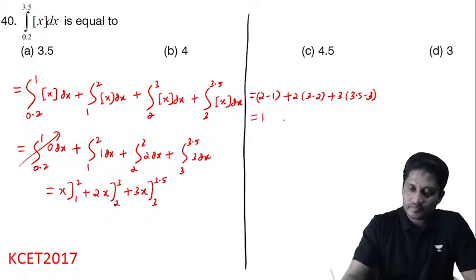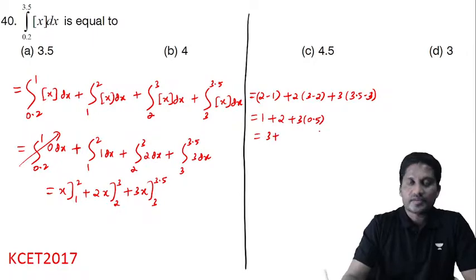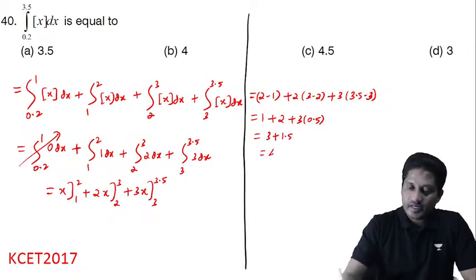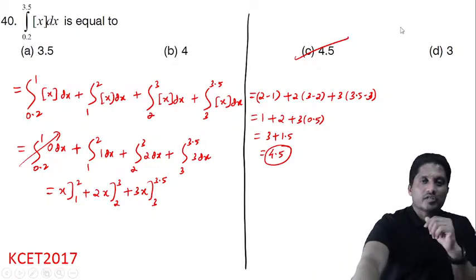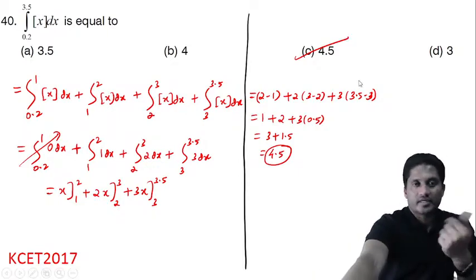So this is 1 plus 2 into 1 plus 3 into 0.5. So this is 3 plus 3 into 0.5 is 1.5, that is 3 by 2. I'll get 4.5. That's the answer, guys. Answer is option C. Usually box function and all they ask in JEE Main, but you never know, KCET level nowadays has increased.